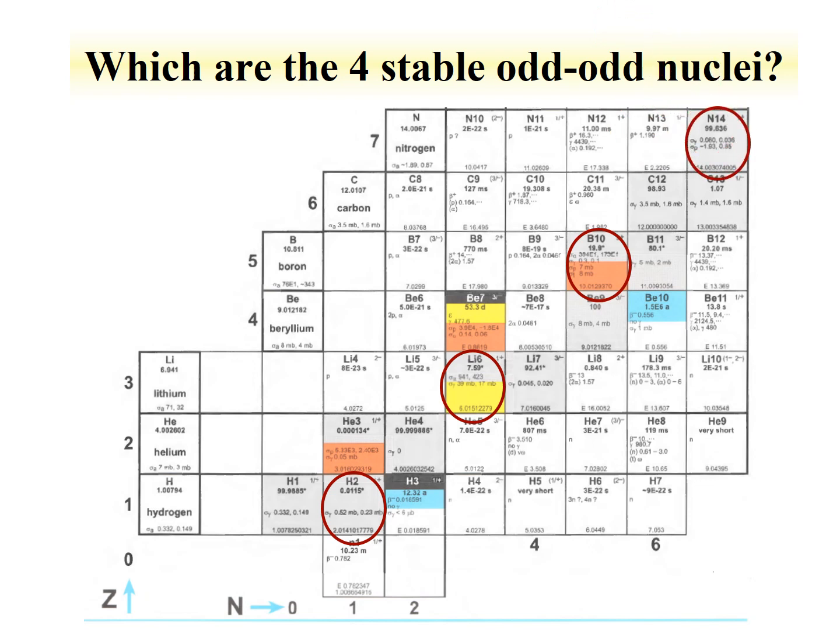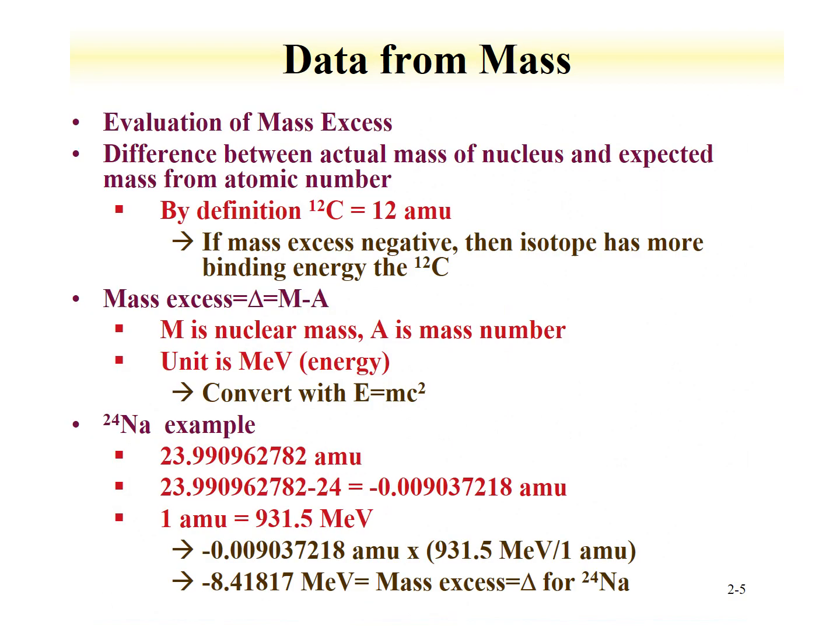The next odd numbered Z, so odd number of protons for an element is fluorine, and if you look at fluorine, there is no stable isotope of fluorine with an odd number of neutrons. So these 4 isotopes here are the only 4 stable isotopes that have an odd number of neutrons and an odd number of protons.